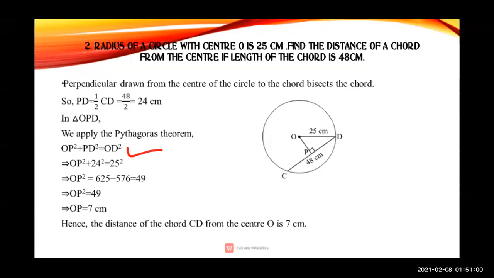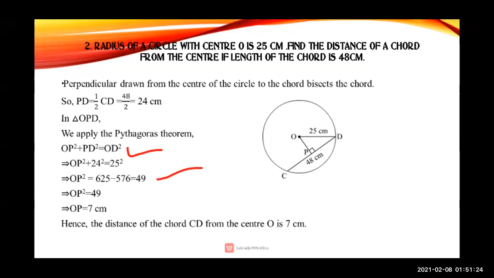So OP square equals 25 square minus 24 square. 24 square we got 576. 25 square we got 625. So here we have to deduct 576 from 625. So what are we getting? We are getting the value of 49.